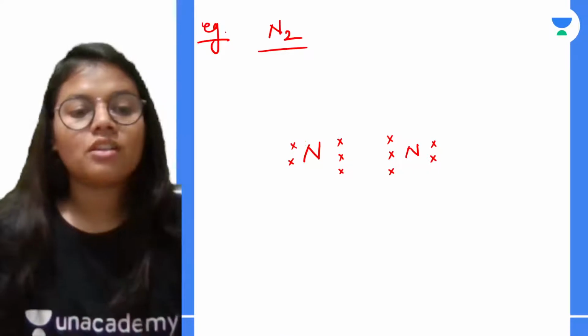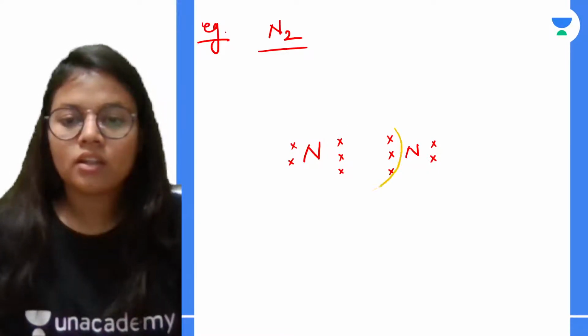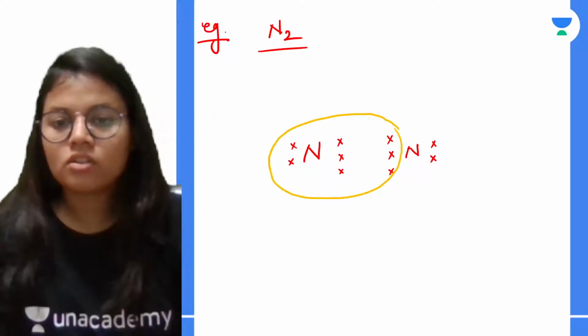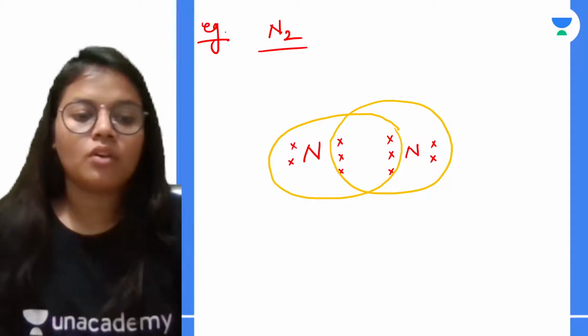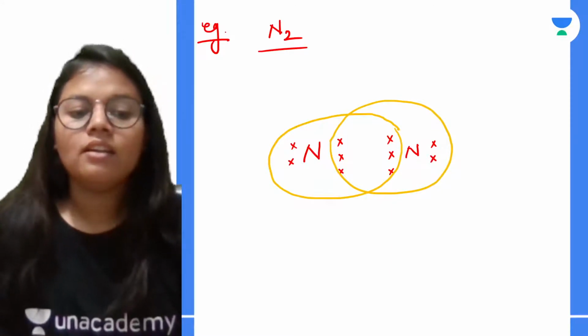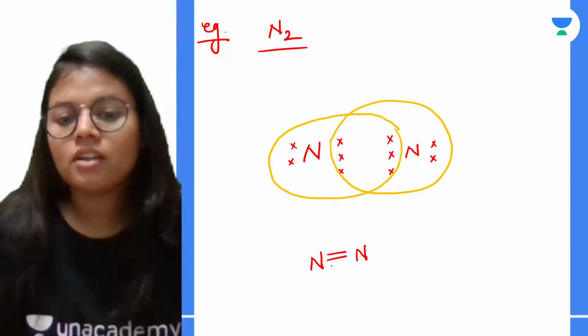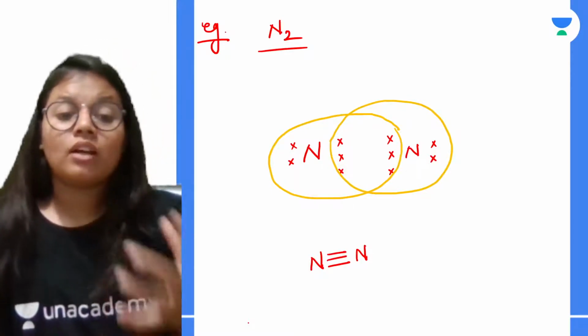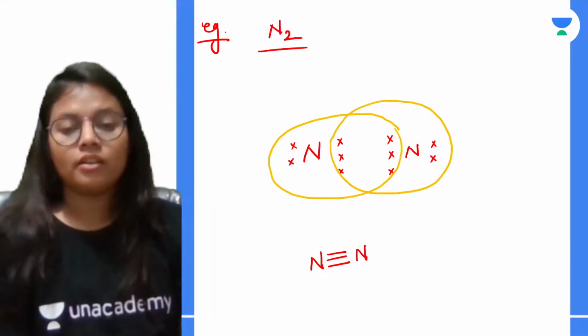So ये nitrogen it requires 3 more of course for an octet to be complete. So it will be taking 3 electrons from this nitrogen and same this nitrogen will be taking 3 electrons from this nitrogen. And the bond that will be formed is a triple bond, that is 3 pairs, that is to tell that 3 pair of electron have been shared over here.